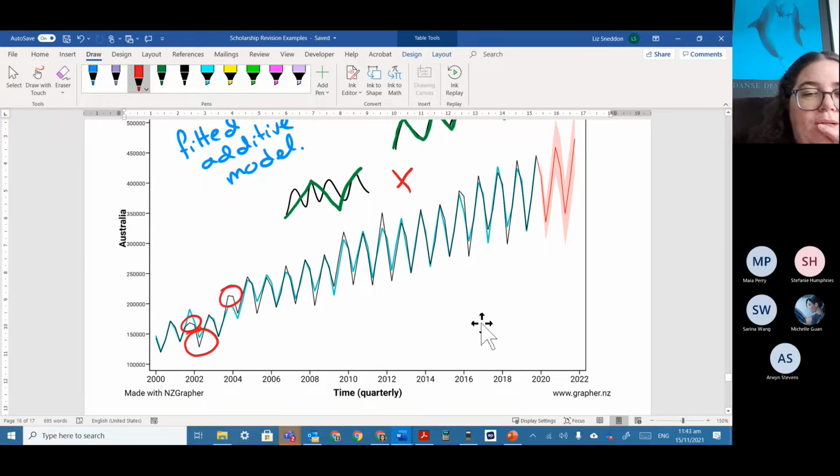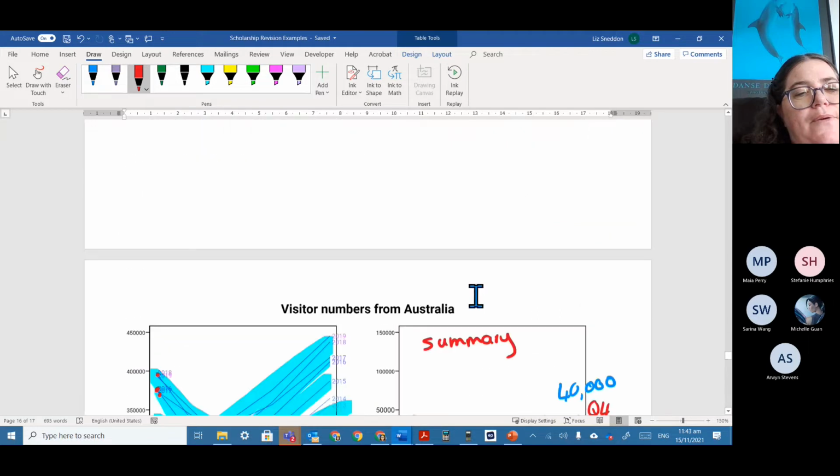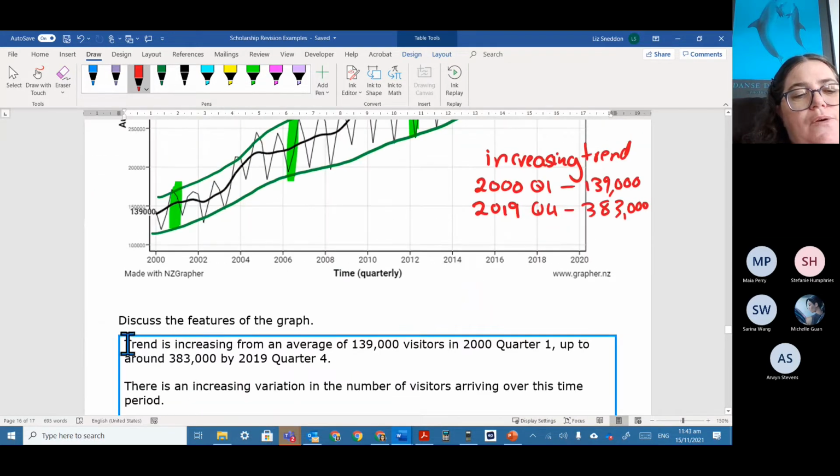Okay, so now I want to dig into that a little bit more. What was the trend doing? So we go back to that trend. We said that the trend was increasing.